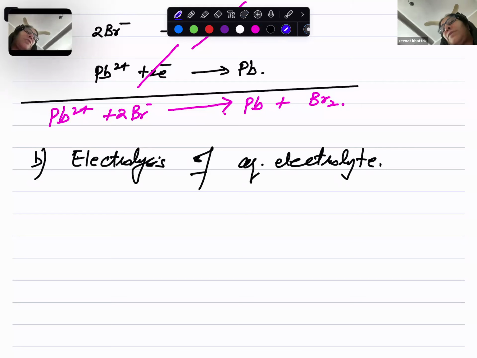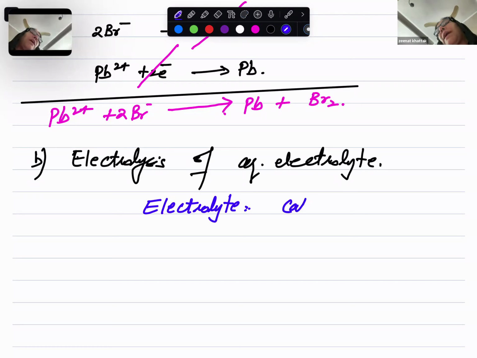When it is aqueous, there's an electrolyte which contains a cation and an anion, right?